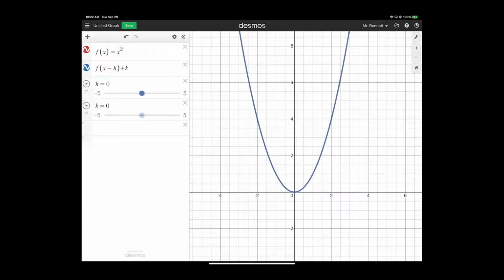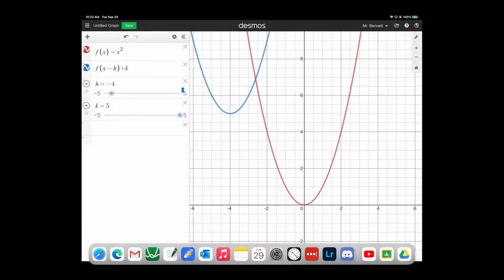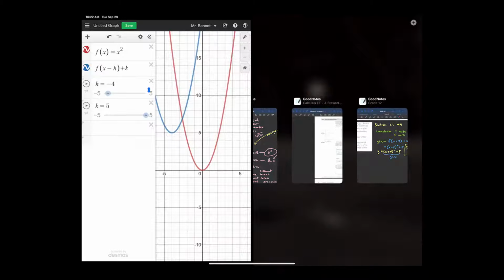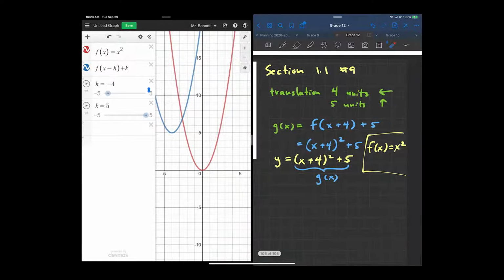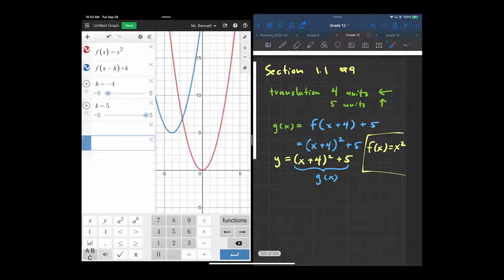So now, what I wanted was going left 4 units and up by 5 units. Was that right? Let me just verify that. Hold on one second. Okay, yes, I wanted to go left 4 units, up 5 units. So I ended up taking f of x plus 4, plus 5.